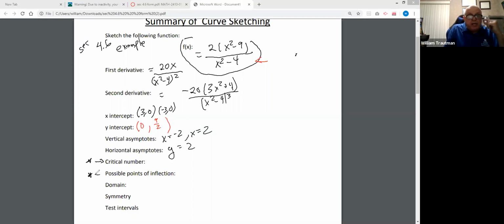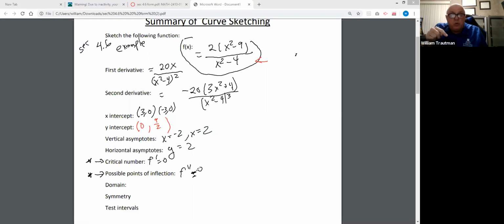Critical number and inflection point. There's a difference between these two. Critical number is when the first derivative equals 0. Inflection points are when the second derivative equals 0. So it's really important that you understand the difference between these two.